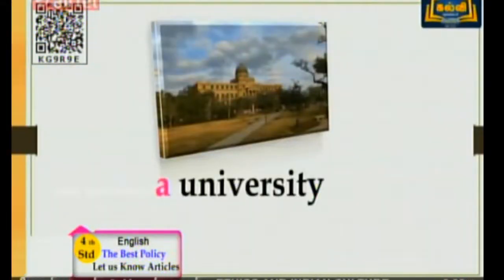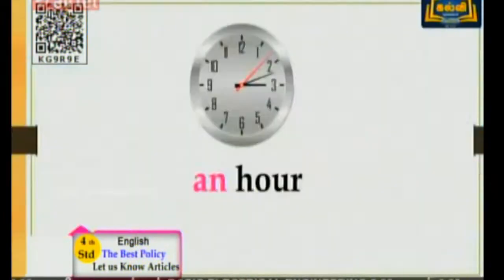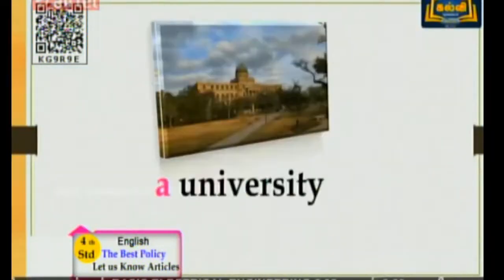Here the sound of U, it doesn't take U, university. Okay? So this is a university, it's not an university. As I told you before, here you might ask me a question. Why do we use an for hour and a for university? Did you think about that?